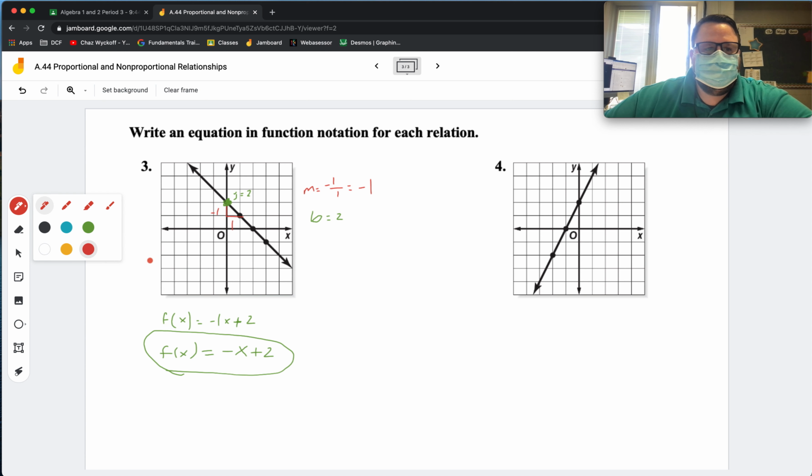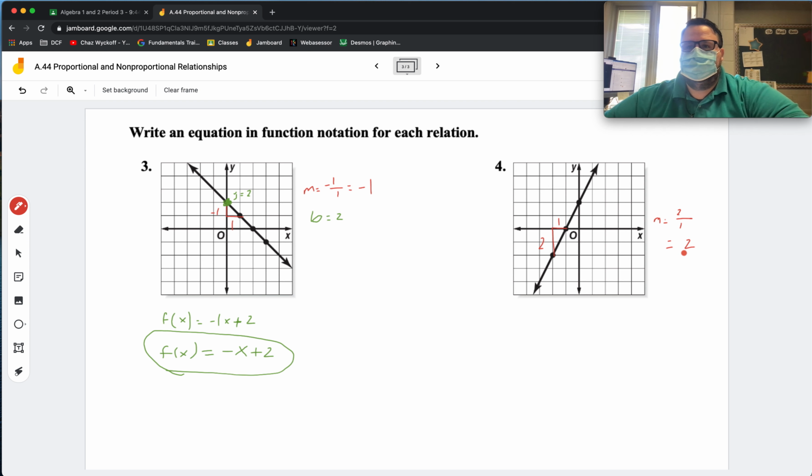Number 4, let's see what's our slope. Triangle, so I go up 2, that's a positive 2. Right 1, so m equals 2 over 1, which is 2. So m equals 2. What's my y-intercept? 1, 2.